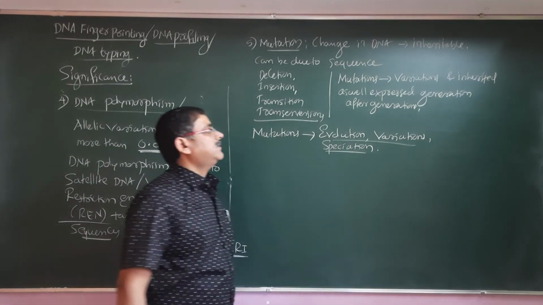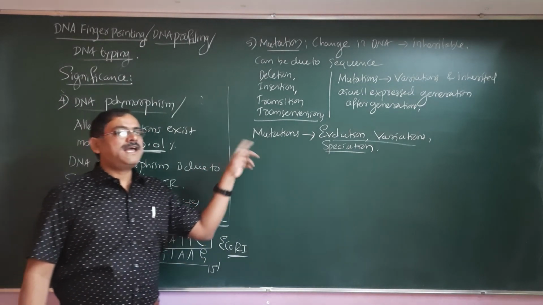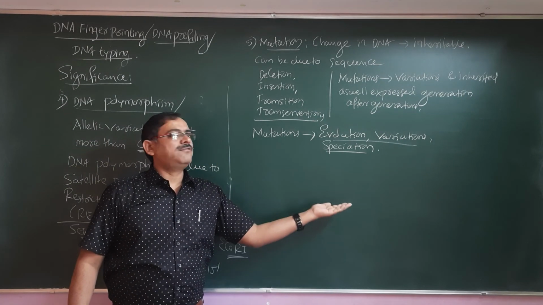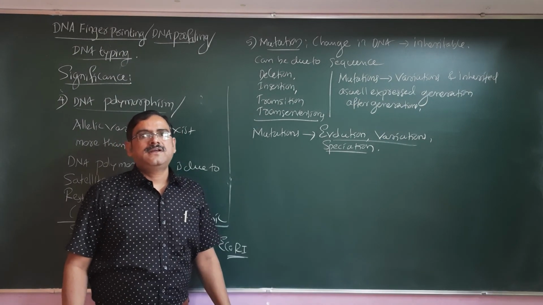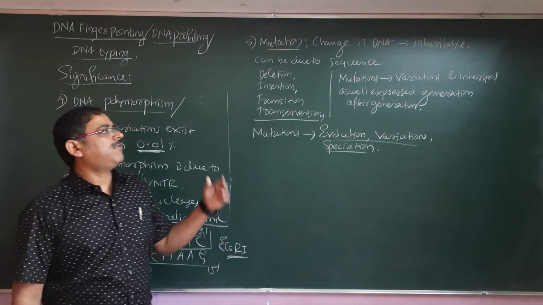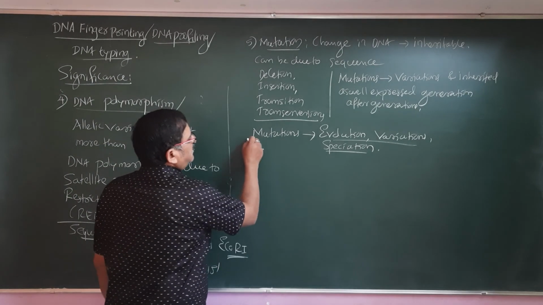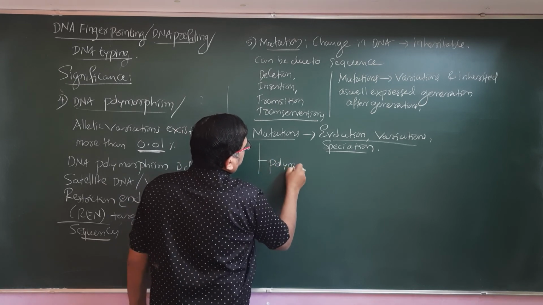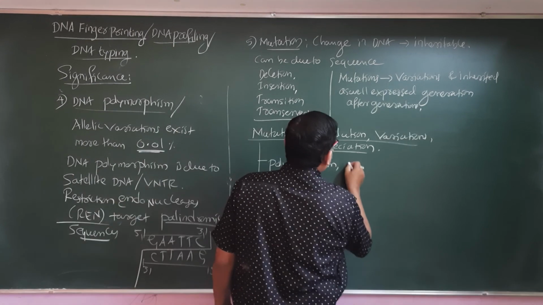All these are again part of DNA fingerprinting. When we analyze the DNA fingerprint, we understand what variation is, what evolution is, what speciation is, the development of new species. So mutations are the reason for polymorphism also, and for population variation.